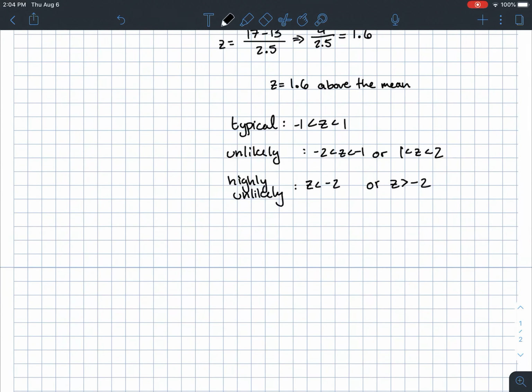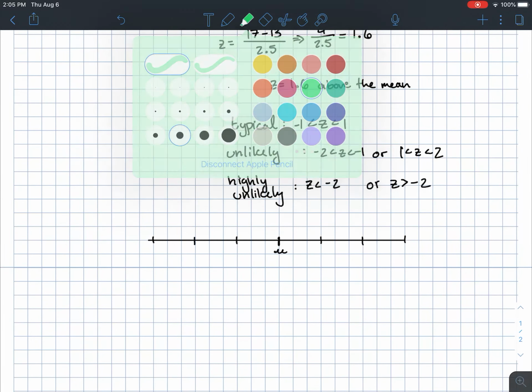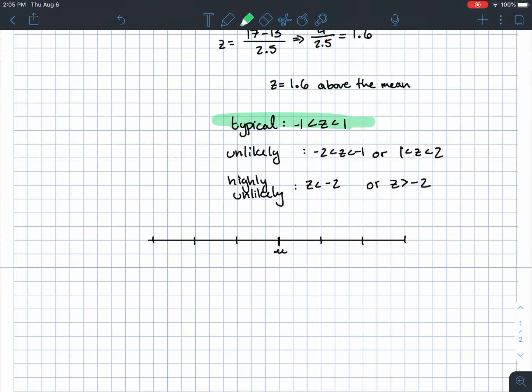And so what does that look like? Well, let's just draw a number line here. Here is the mean. 1, 2, 3 standard deviations. 1, 2, 3 standard deviations. So if we were to look at it like we did up there, but in the more general sense, our typical range is going to be here, between -1 and +1.